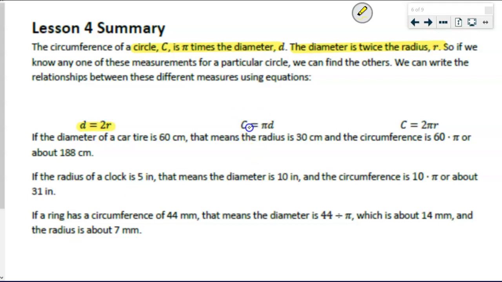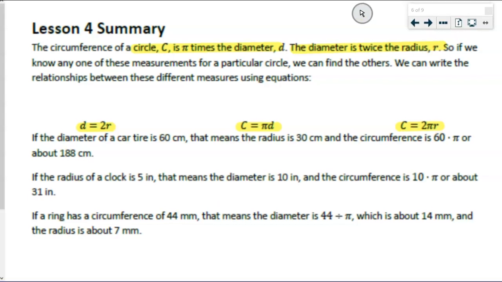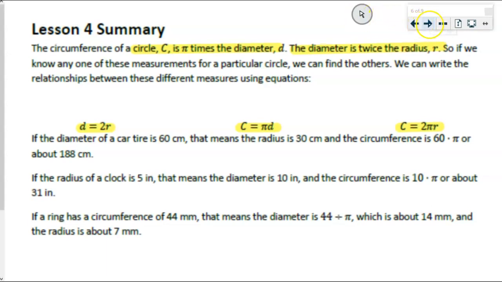You need to understand that the diameter times pi is the circumference. And you need to understand that the radius doubled, then multiplied by pi is that circumference. So all formulas and relationships that you need to know. The rest of it is just giving us another example. And for the sake of time, I'm not going to go over that specific example. Just need to understand that if I know one of those measurements, I can find all of the others.